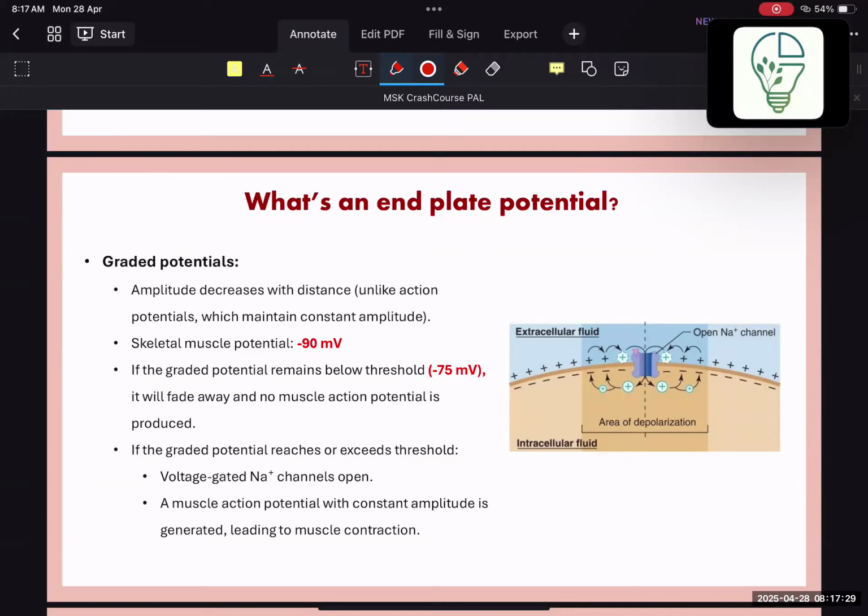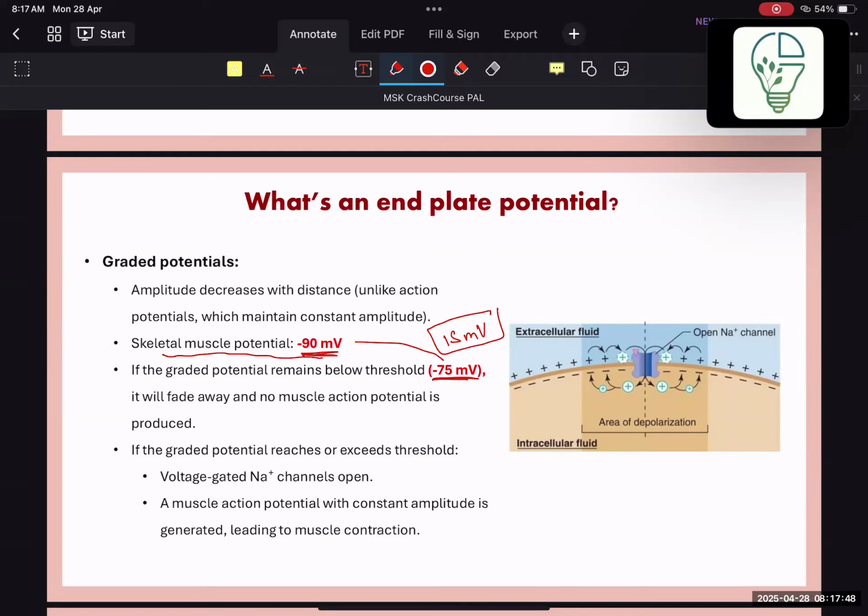Okay, so as we said earlier, the skeletal muscle potential is negative 90 mV. And the threshold for skeletal muscle to trigger an actual action potential is negative 75 mV. This is like a 15 mV difference, okay?